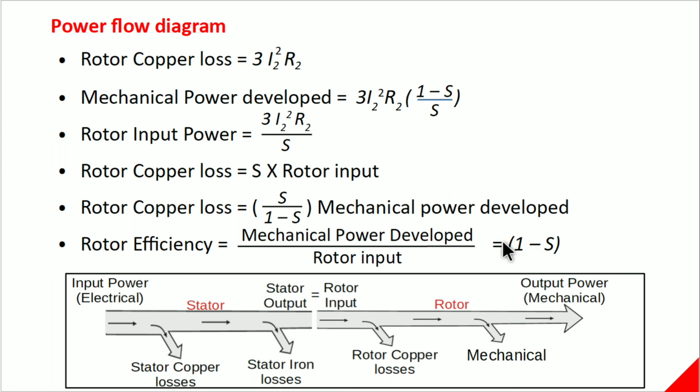So it directly depends upon the slip. Rotor copper losses can be calculated, if mechanical power developed is given, by multiplying it by S over (1 minus S). Rotor copper loss can be calculated from rotor input by multiplying it by S. So these are some important relations based on the power flow diagram.